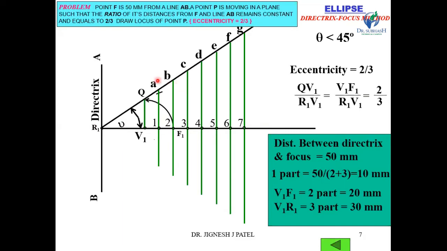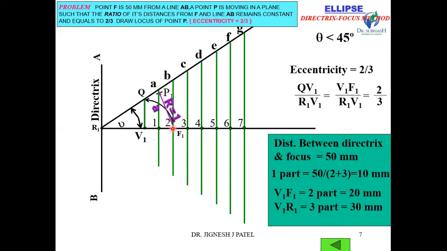Here the intersection points of these vertical lines are A, B, C, D, E, F, G. Now, important is that every time the center remains constant, F1. Now, 1A as a radius, center F1, draw an arc on this line. This point is P1.